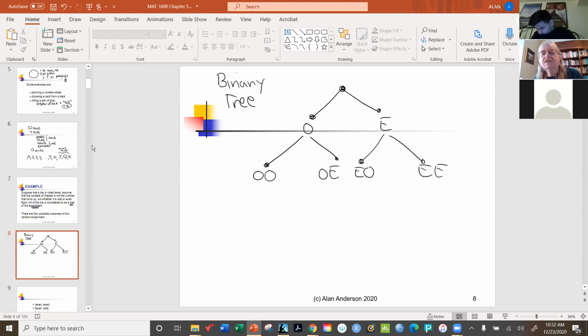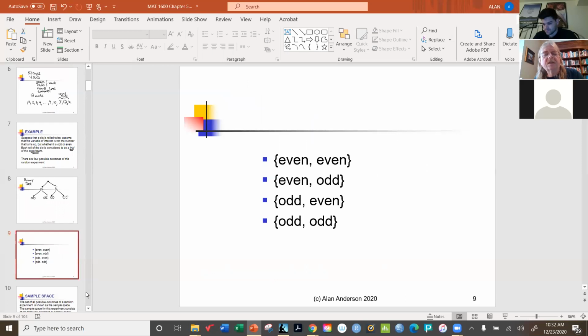And because each die has three values that are odd and three that are even, each of these outcomes is equally likely to occur. So if I roll the die twice, the chance of getting two evens is 1 out of 4. Same thing for the others. We're going to do something special with these.